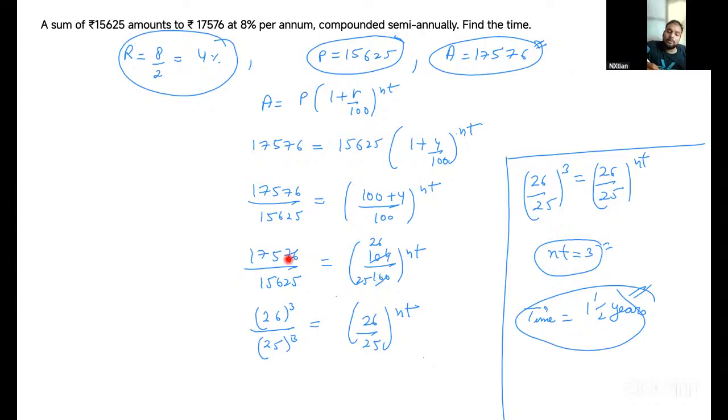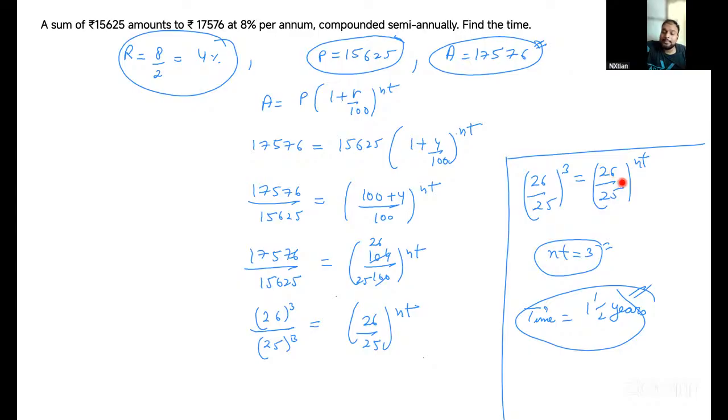Now we know that 17576 can be written as 26 cubed, when you do the prime factorization. 15625 can be written as 25 cubed. So I make the common power 3. So 26 upon 25 power 3, and 26 upon 25 power NT.